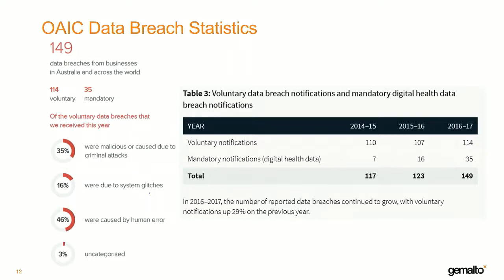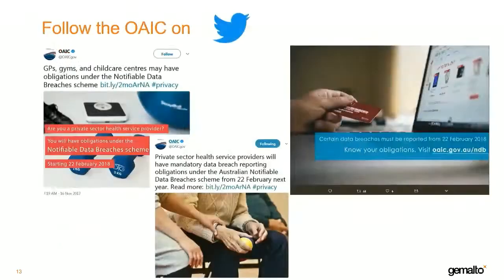So these are things that we need to factor into our normal day-to-day lives. Now, I was looking at the OAIC on Twitter, and they're being very, very heavy in terms of promoting the new privacy regulations, but they're being very, very clever about it because they're drilling down into the various different vertical segments of our market here in Australia.